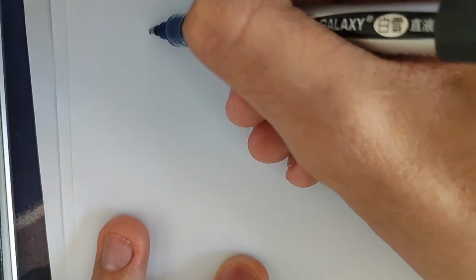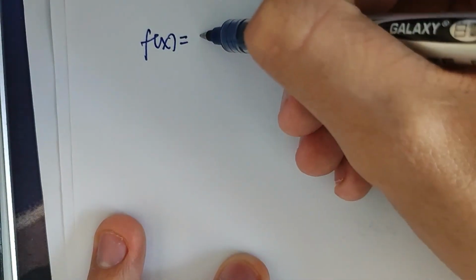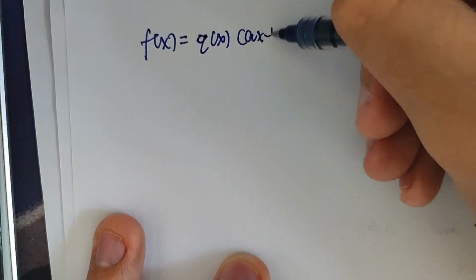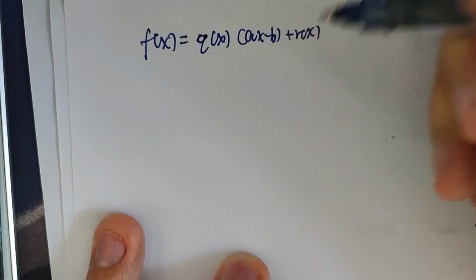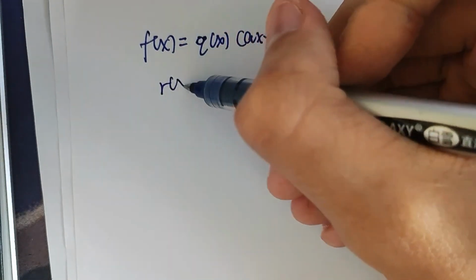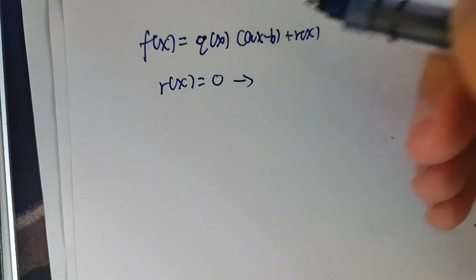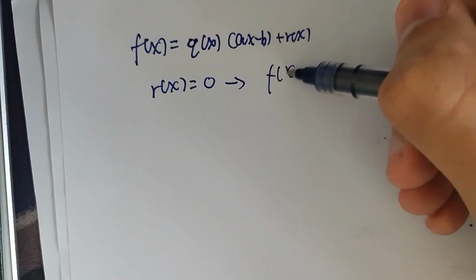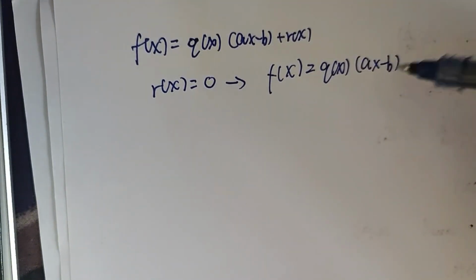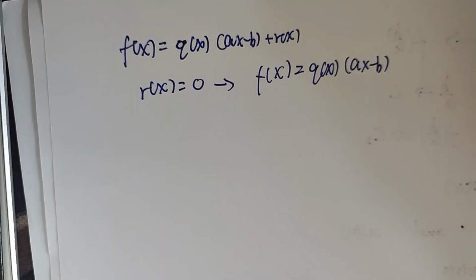And this leads to another useful formula, which can help us test if f(x) is divisible by ax minus b. If r(x) is 0, of course we can see that f(x) by definition is divisible by ax minus b.